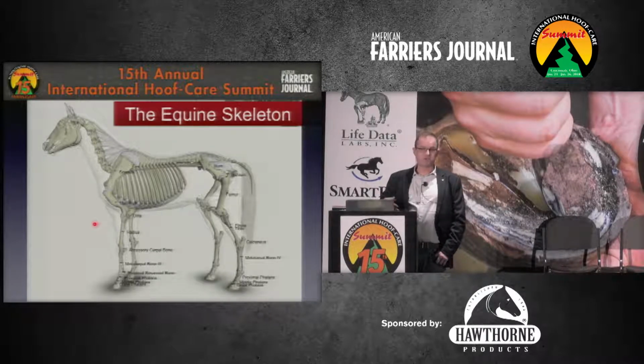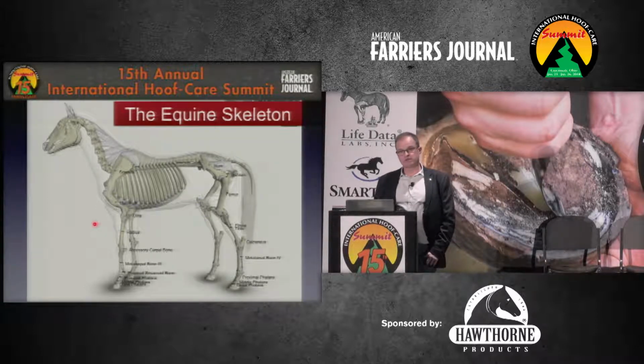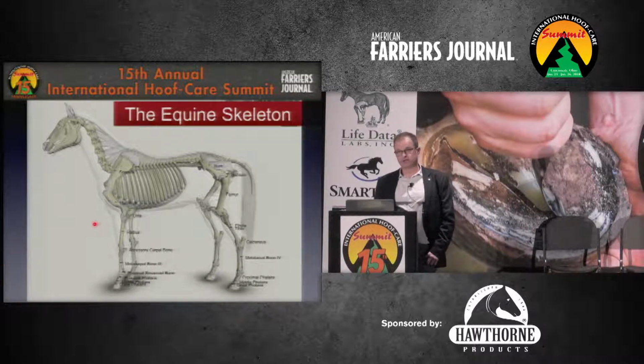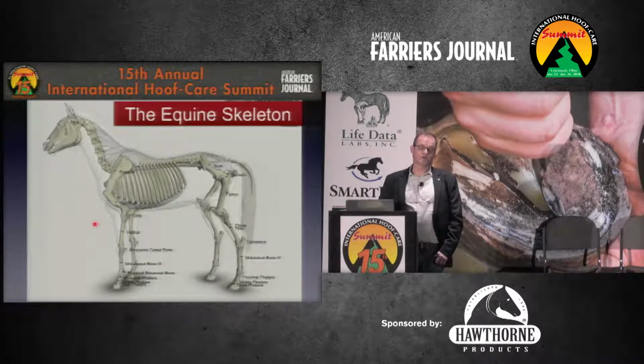You can load the muscles or dissect the muscle groups down. So I'd recommend 3D Horse. Try and get hold of it, or you might have seen on the Workman booth the Afigos Hoof Explorer as well. That's really neat, and I use that a lot for explanation to clients.